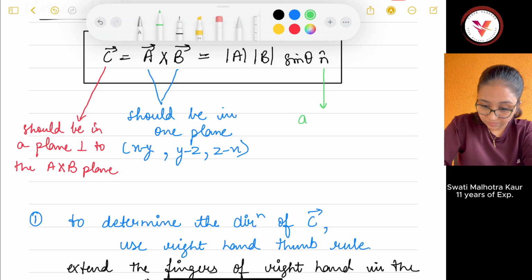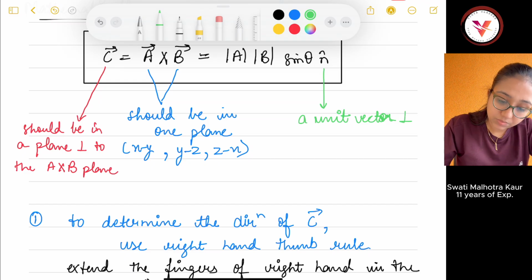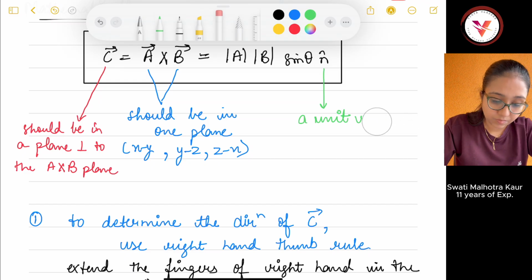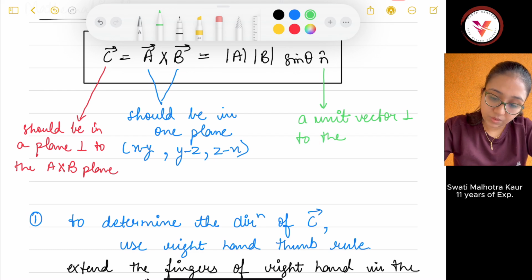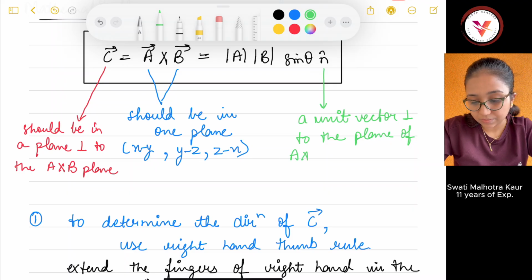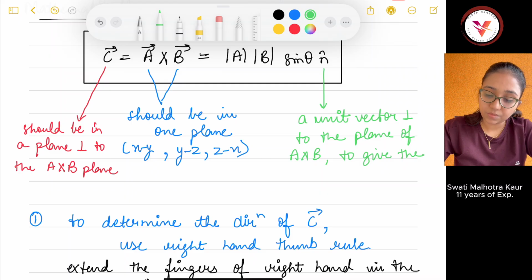So a unit vector perpendicular to the plane of A cross B, to give the direction of the C vector.